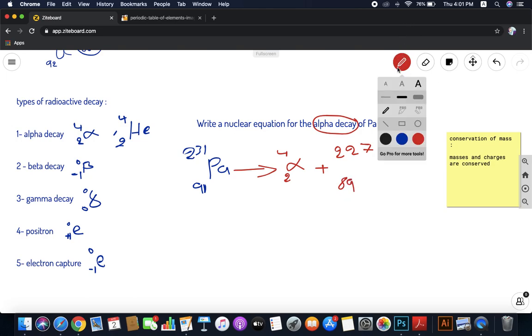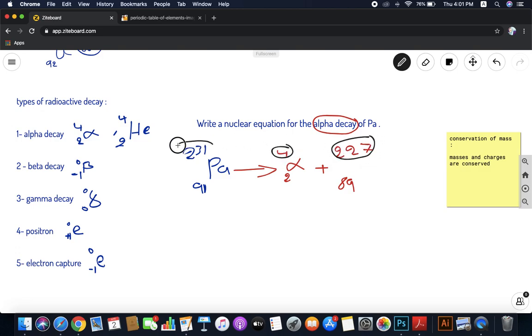So here 227 plus 4 is 231. The first one, the atomic mass, is conserved. Now 89 plus 2 is 91. So the charges are conserved.